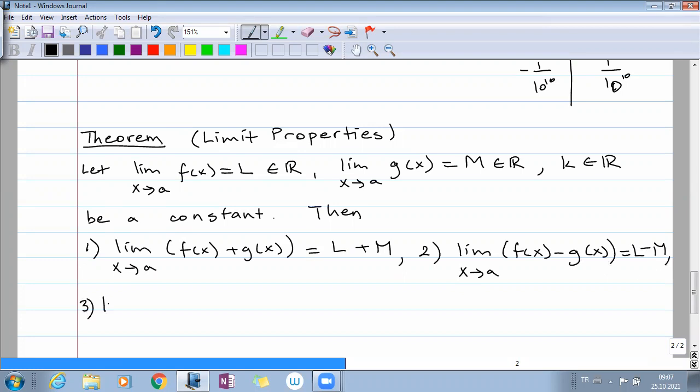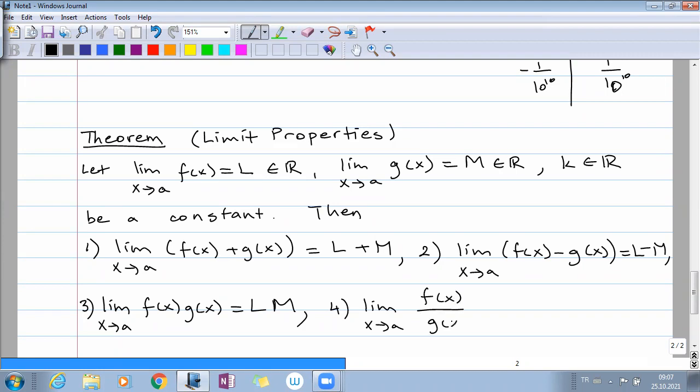If you look at the product, f times g, the limit is L times m. If you look at the ratio, f over g, the limit is L over m, provided that the limit m, of course, is not 0.